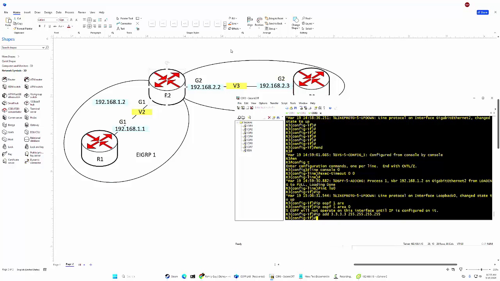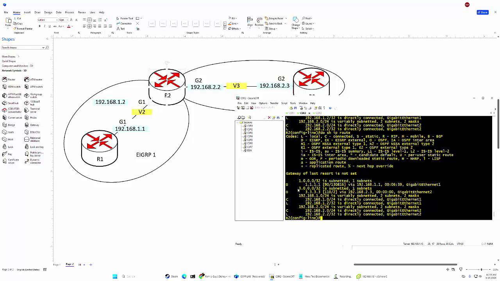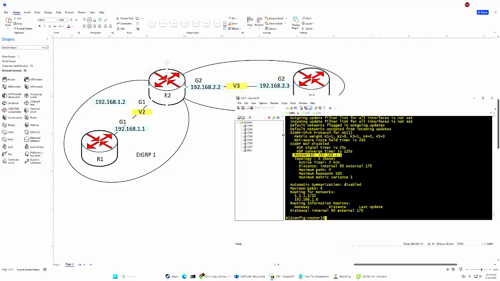Okay, now go back over to router 2. All right, and we have an OSPF route from its perspective. Now, from router 1's perspective, we got two concerns.